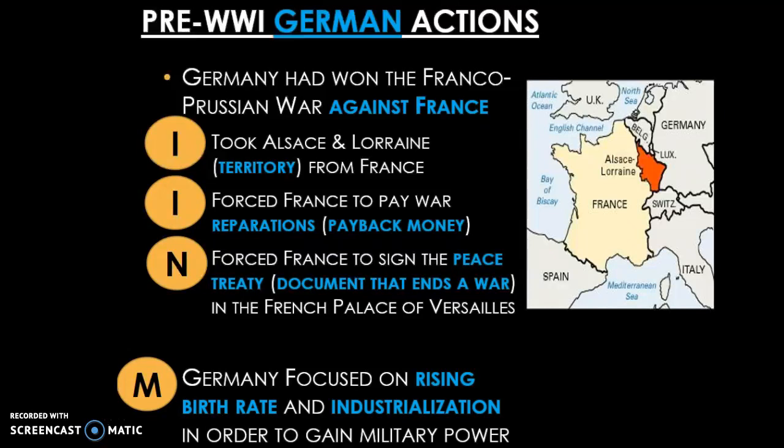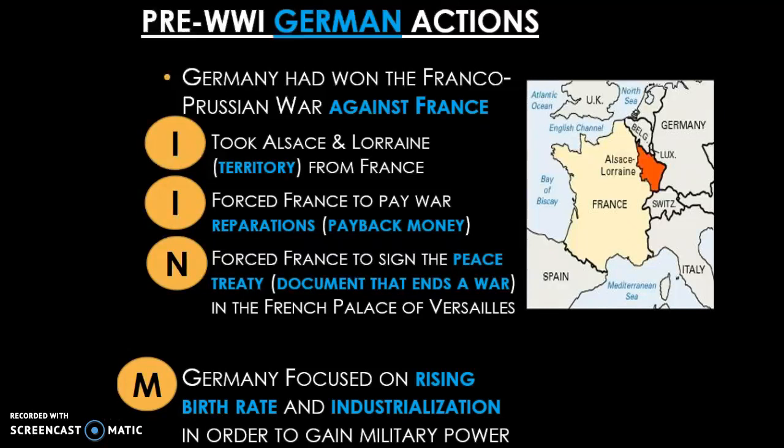Now, after Germany defeated France and took territory and made them pay back reparations and forced France to sign a treaty, Germany also started kind of focusing on itself. And it started focusing on itself by trying to increase the amount of German children born in order to enlist those children in the military.